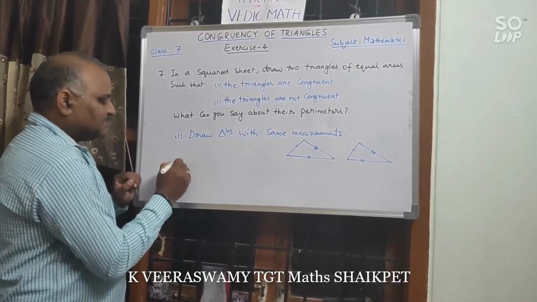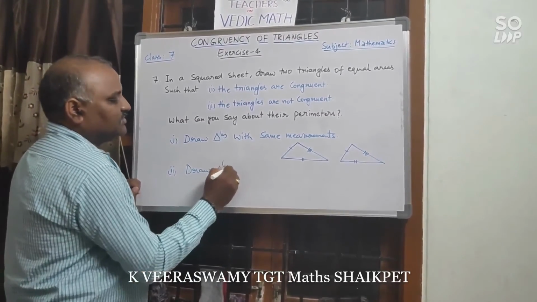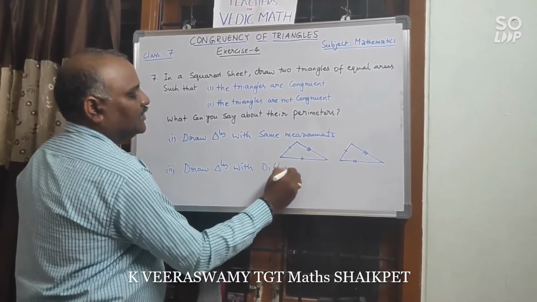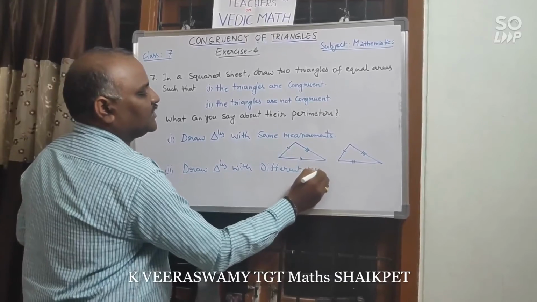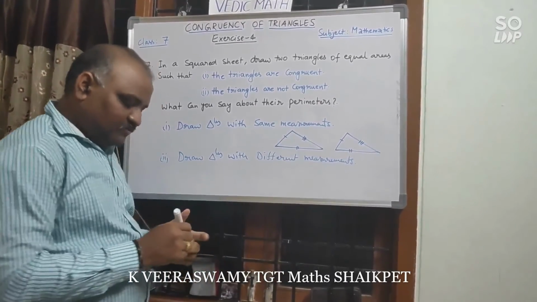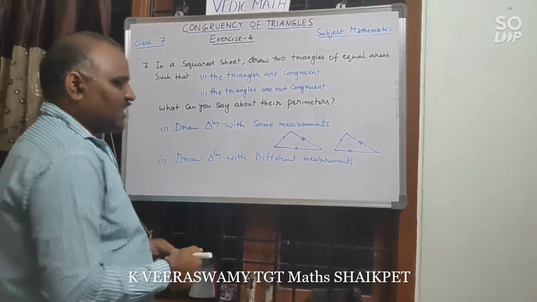But in second case, if you draw triangles with different measurements, then they will not be congruent, but we have a chance that they can have equal areas.